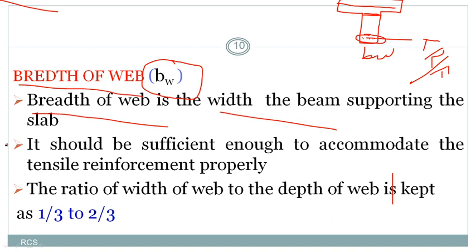Generally this width will be provided based on the ratio of the width of the web to the overall depth of the web.